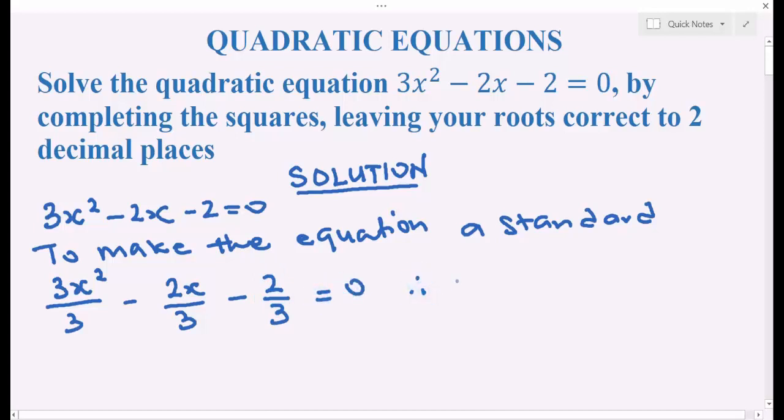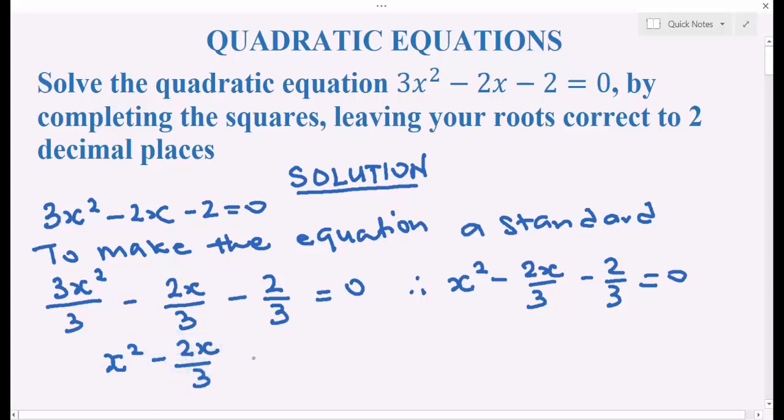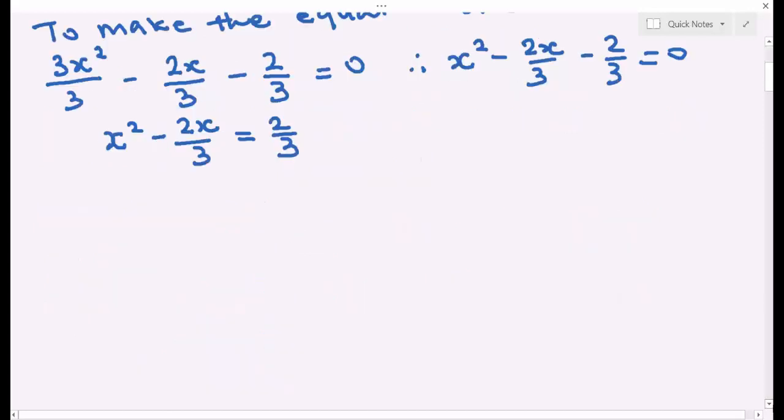So this will give us x squared minus 2x over 3 minus 2 over 3 is equal to 0. Now we can start moving terms. We have x squared minus 2x over 3 is equal to 2 over 3.